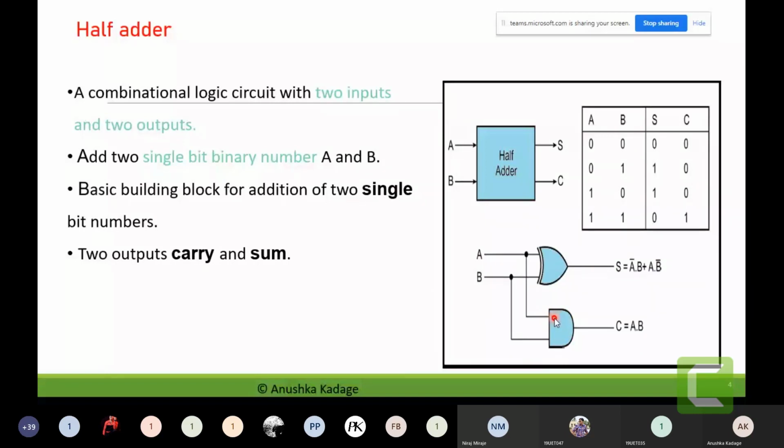So this is a way how, from the given problem statement, we can implement the logic circuit diagram for the given combinational circuit. So the first step we have done is, from the given verbal specification of the problem statement, we have first defined how many inputs and outputs will be needed.